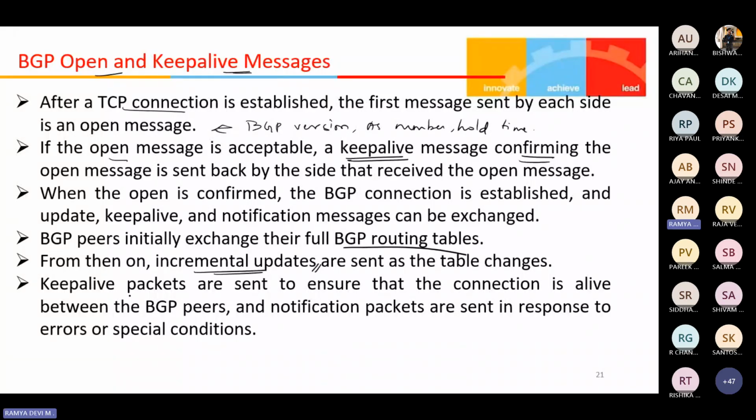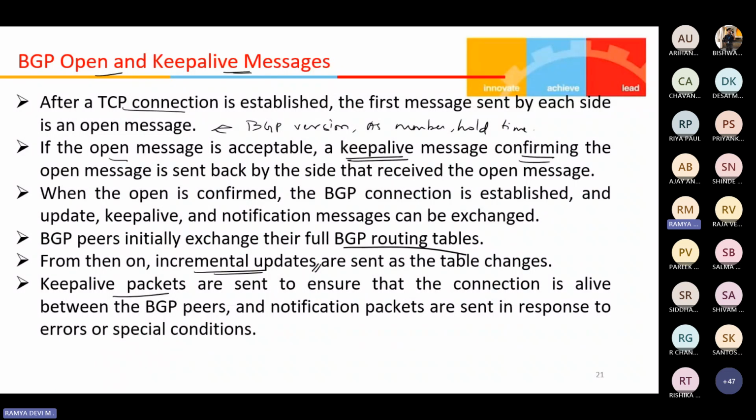The keep alive packets will be sent to ensure the connection. Notifications will be sent if an error is detected. In that case, notification messages will be shared. So the incremental updates will be sent only if there are changes; when changes occur, it will not send periodic updates.